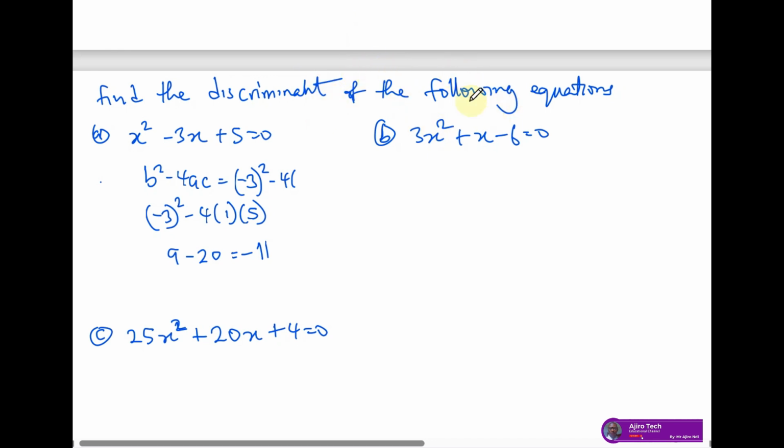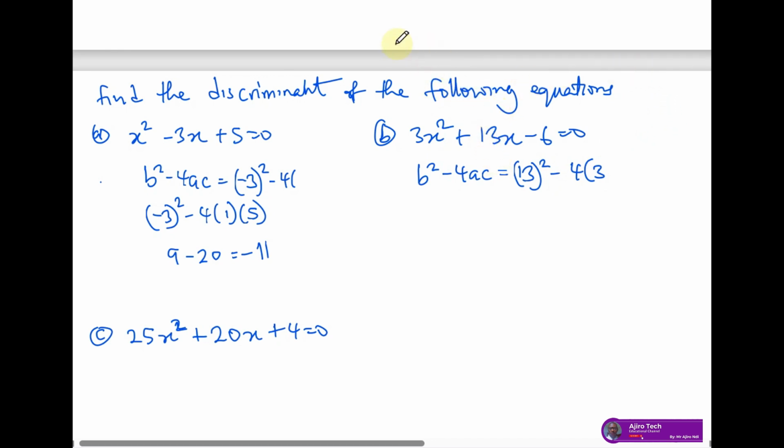Let me change this one to maybe another. So in this case b squared minus 4ac, b is 13, so I'll say 13 squared minus 4 into a is 3. I think I've changed it.